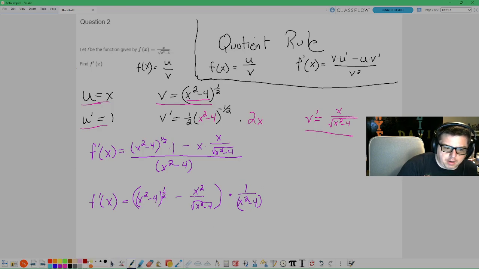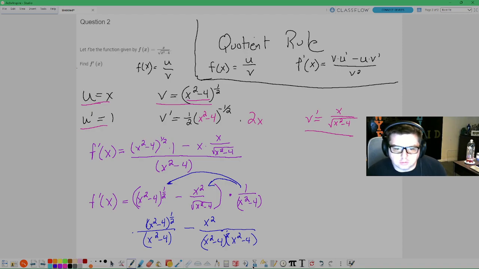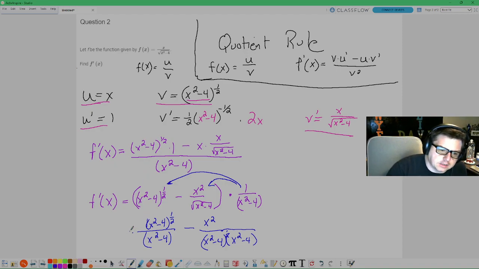And if I multiply by the reciprocal and distribute it inside, I'm going to be left with 1 times x squared minus 4 to the 1/2 power over x squared minus 4, minus x squared over x squared minus 4 to the 1/2 times x squared minus 4. So it's about working with the exponents at this point and really knowing your exponential rules.